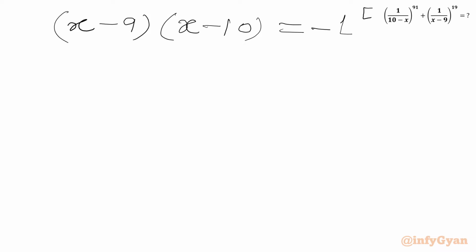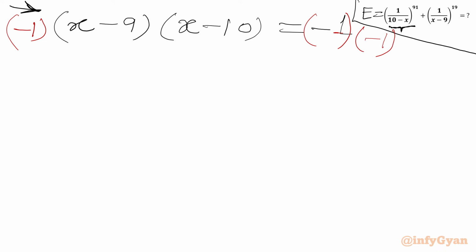Now in our required expression, if I write here E, then here we have 10 − x. But in our equation, it is x − 10. So I will multiply by negative 1 on both sides. Negative 1, and in the RHS, we will multiply with the same negative 1.